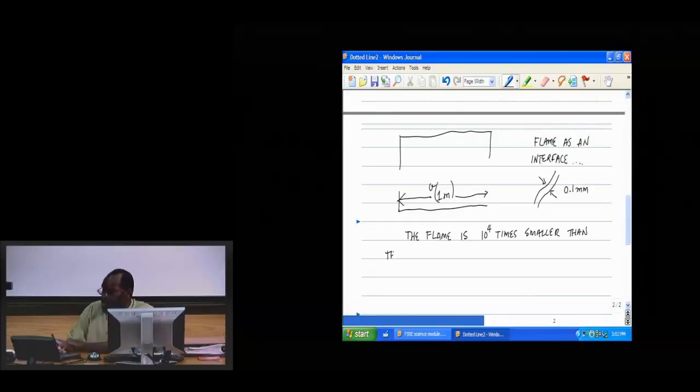And to resolve the flame, you need much finer resolution than that. You'd really have to resolve on the order of at least 10 micrometer, maybe even a few micrometer in some places, to understand what's really going on in that flame.